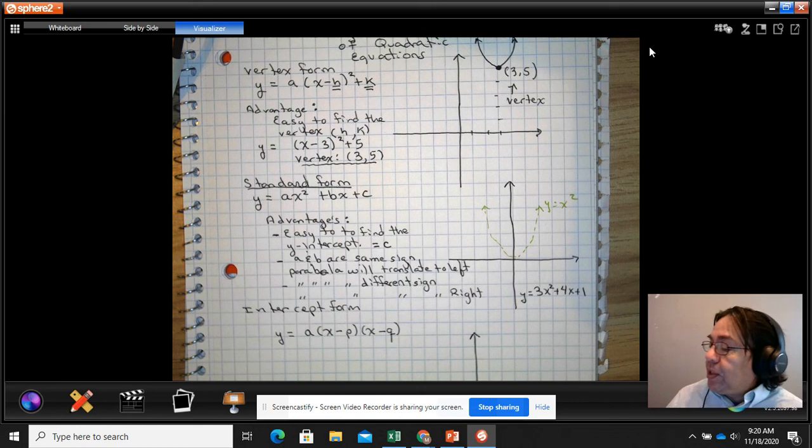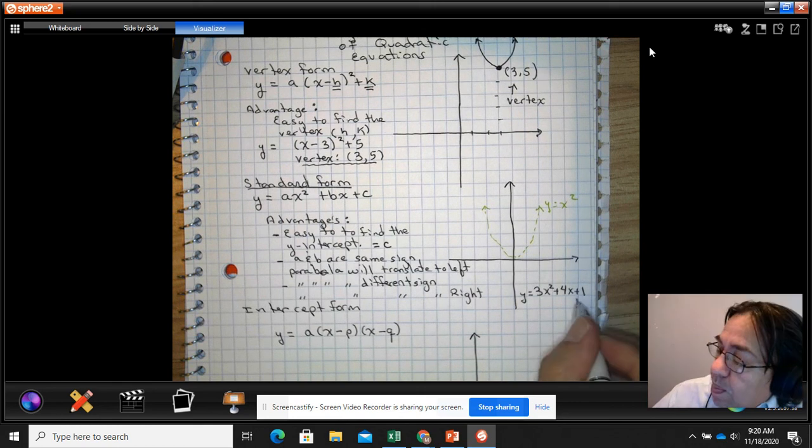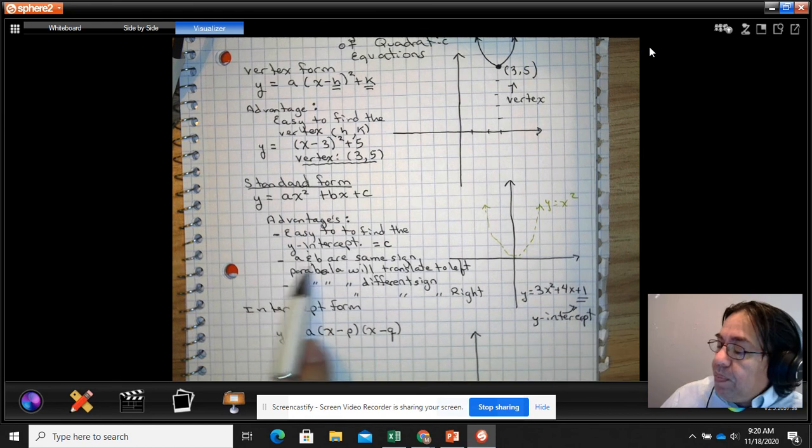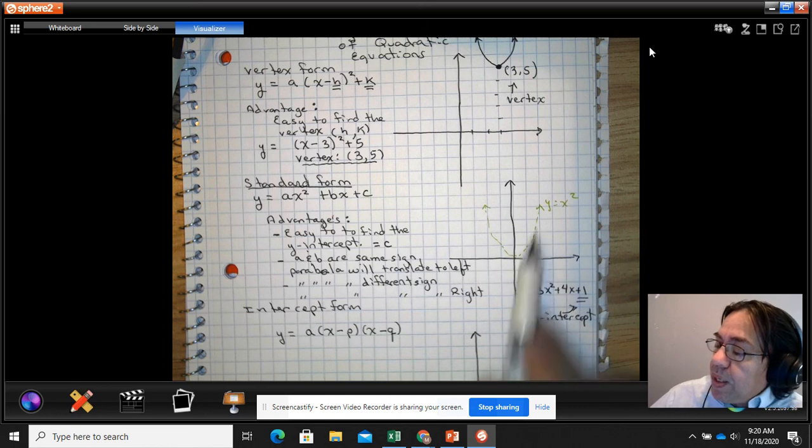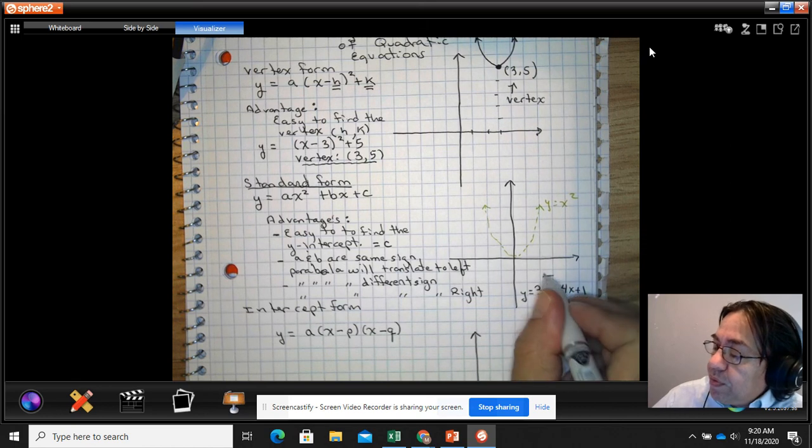So I'm going to sketch. I know that for sure my y-intercept is 1. I know that for sure. And because a and b are both positive, this green line is going to move to the left.